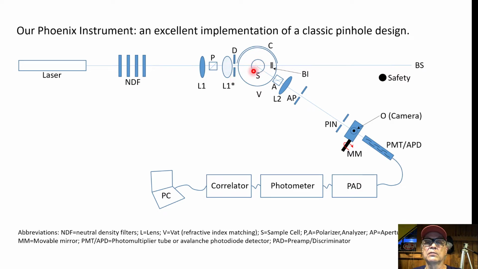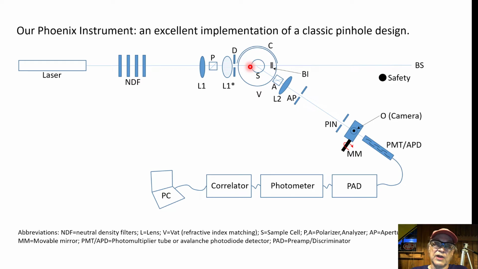The sample is here in this little center. And this thing that surrounds the center is filled with toluene usually, or some other liquid that matches the index of refraction of the cell. In all kinds of light scattering, it's very important to exclude stray light.